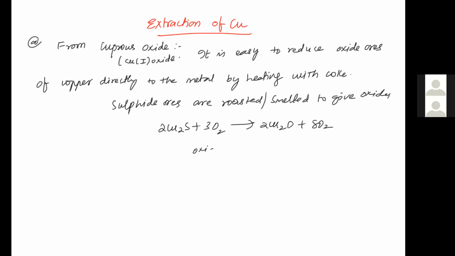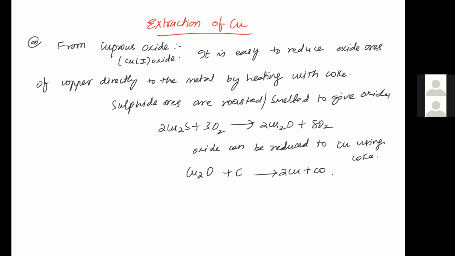So the oxide can be reduced to copper using coke. Cu2O plus C gives rise to Cu plus CO. This is from the simple cuprous oxide. Next, we have the actual method, that is from copper glance or copper pyrites.